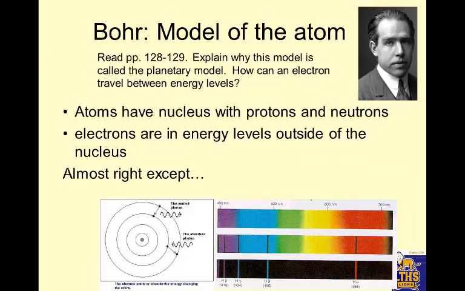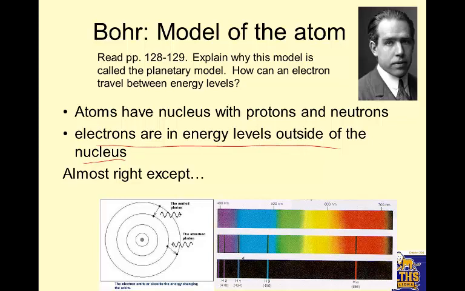More recently, so early 1900s, the Bohr model of the atom was able to help explain these, which are called line spectra. Every element had its own unique line spectra, kind of like a fingerprint. Okay, so we still thought that atoms had a nucleus with the protons and the neutrons in it, and that the electrons were, so here's the new part, in these energy levels outside the nucleus, which is almost right.